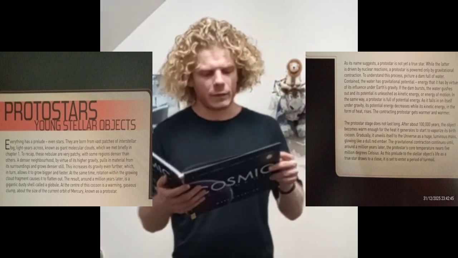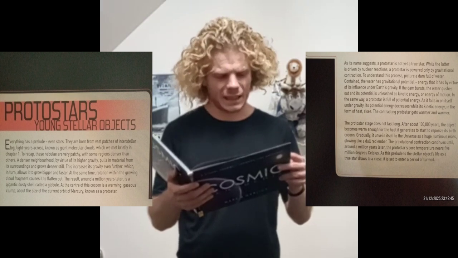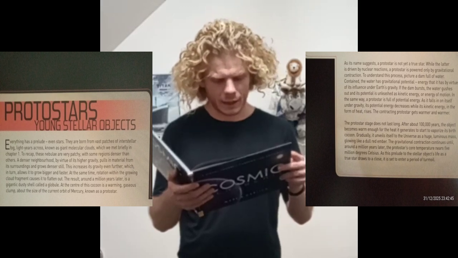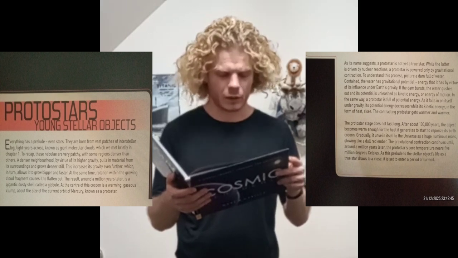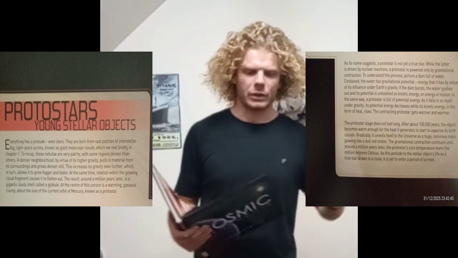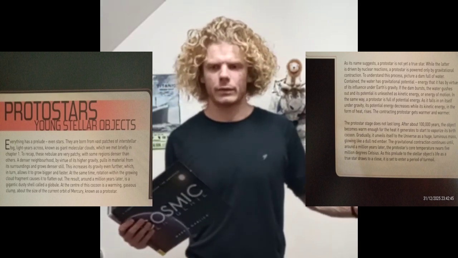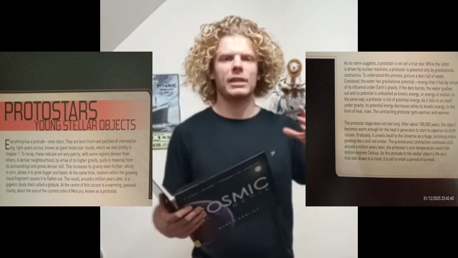To recap, these nebulae are very patchy, with some regions denser than others. A denser neighborhood, by virtue of its higher gravity, pulls in material from its surroundings and grows denser still. So it's a very big area with a lot of nebula in it, fog, whatever. And in some regions it is denser.